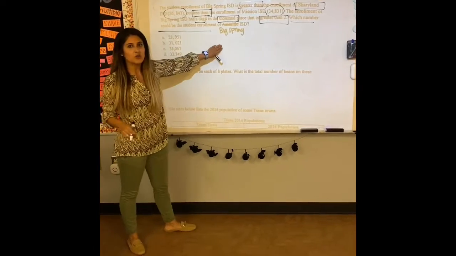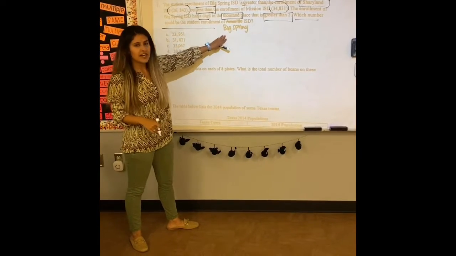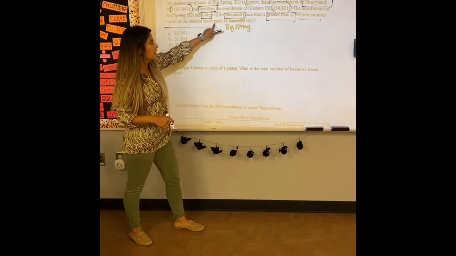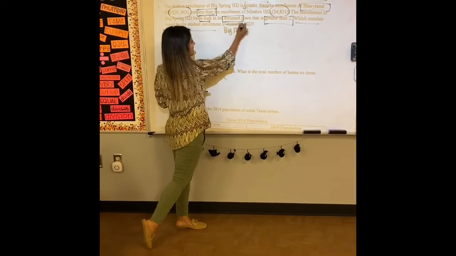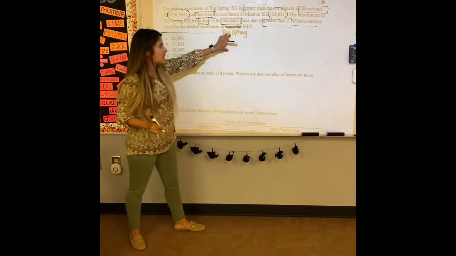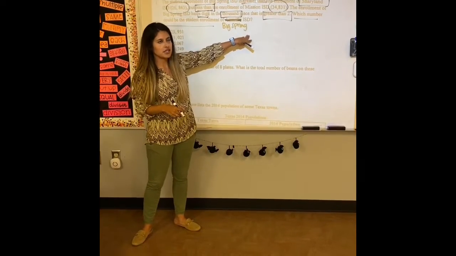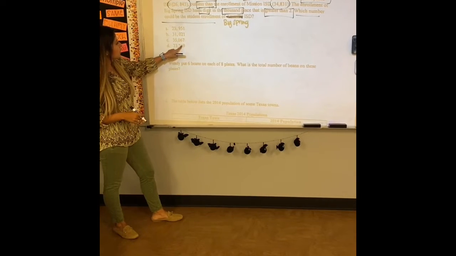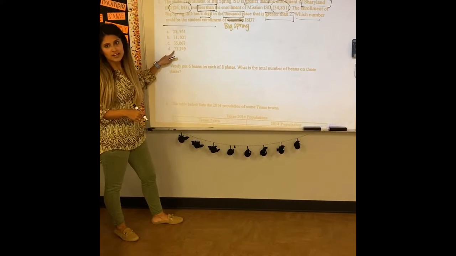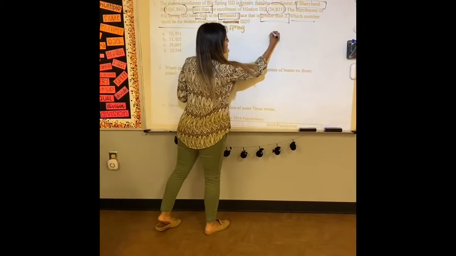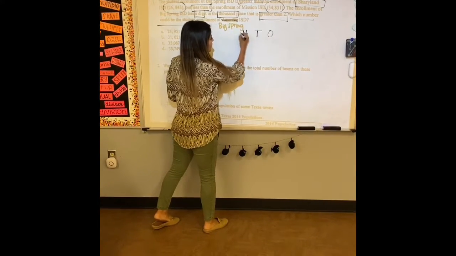And right here on the homework that was sent home, there is a typo. It should say which number could be the student enrollment of Big Spring ISD. So cross out Amarillo. I don't know why Amarillo is on our mind. Go ahead and fill that in with Big Spring ISD. So here we know that we're working with 5 digits or 5 place values. Whenever we're talking about place values, we plug that into our place value chart.